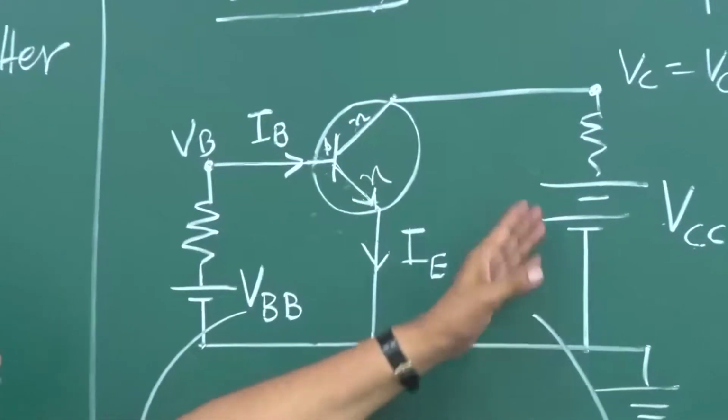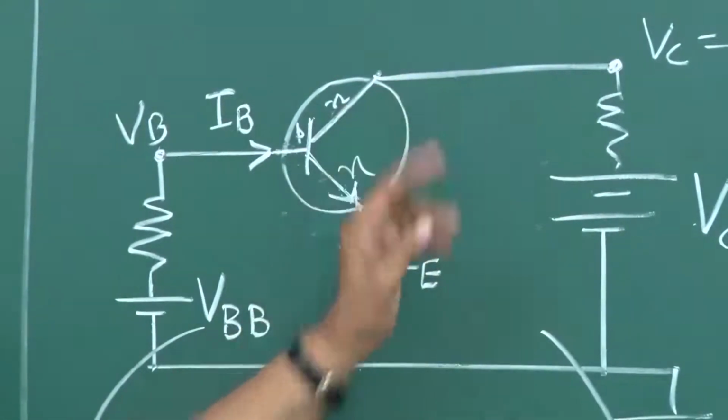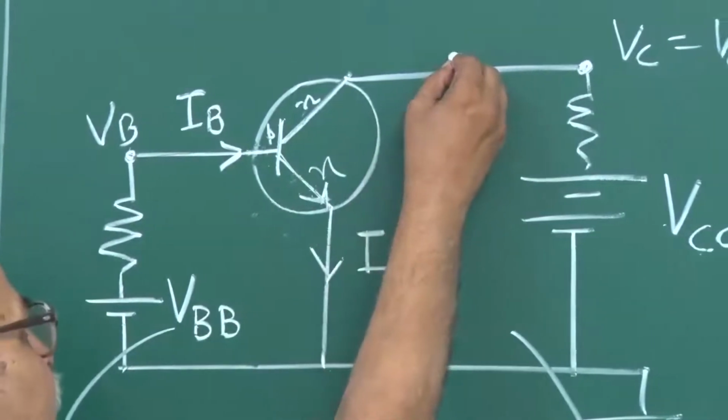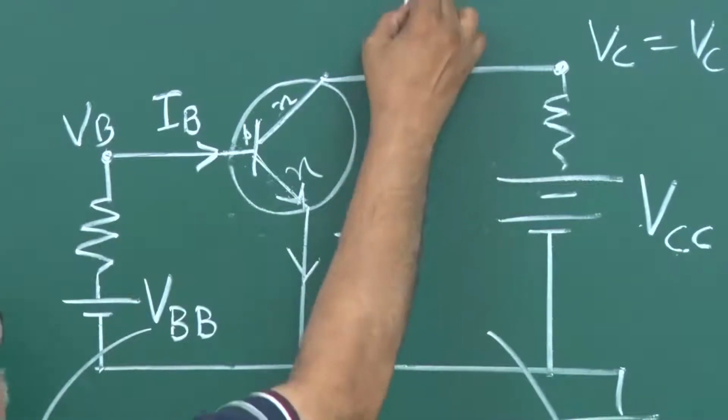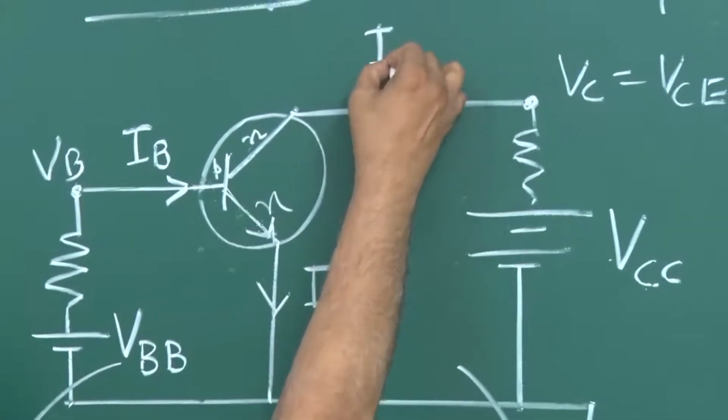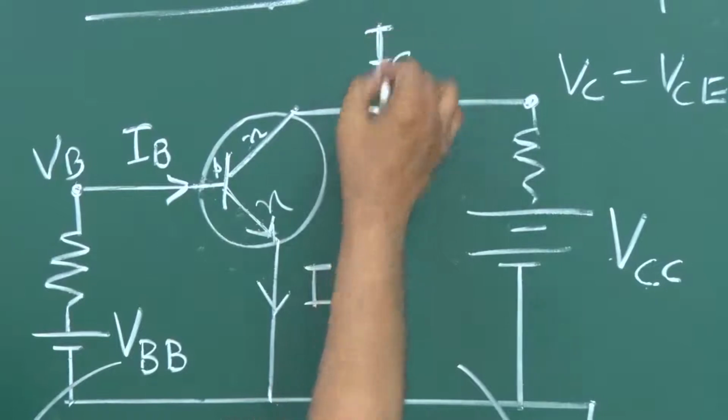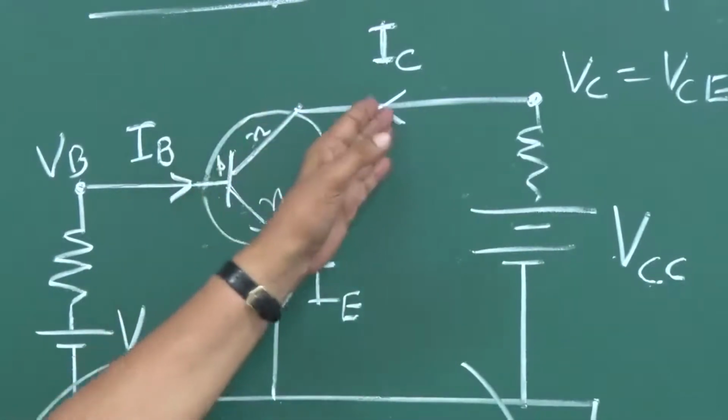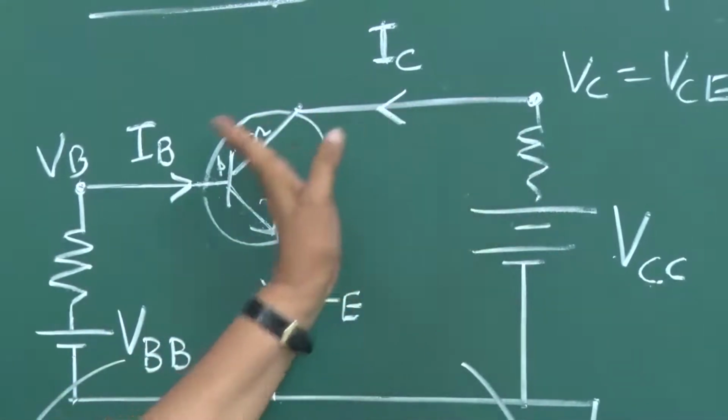And then any current that is here in the collector is written as IC, and the arrow is like this. Remember this is reverse biased, and the current will be of this type.